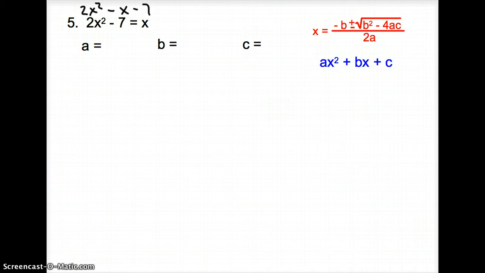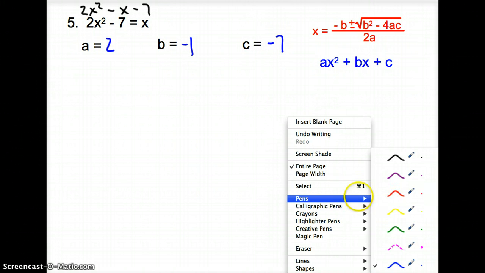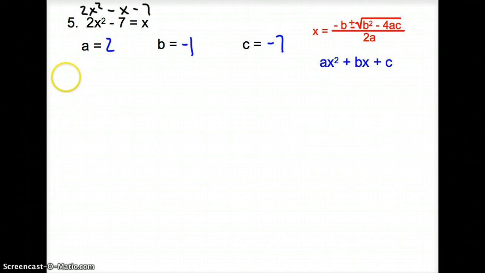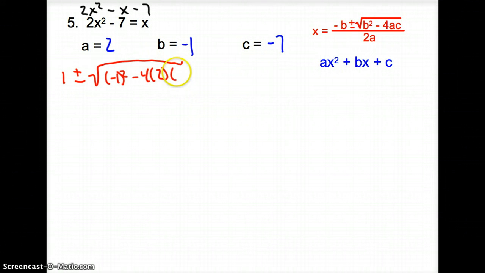Our a is 2, our b is a -1, and our c is a -7. Let's use our quadratic formula to find our solutions. So again, we have opposite b, so we have 1 plus minus the square root of -1 squared minus 4 times a, which is 2, and times c, which is -7, all over 2 times a, which is 2.